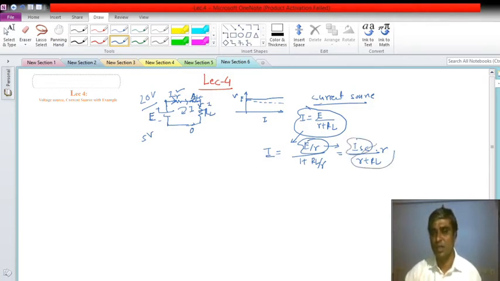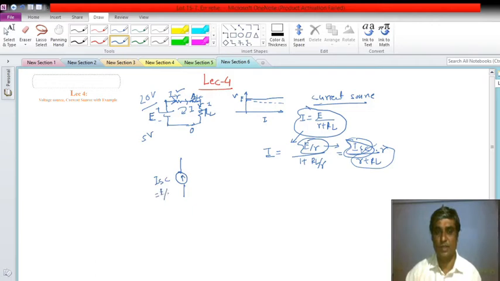So I can interpret that if I draw the circuit, there will be a current ISC, whose value is obtained from the battery parameters, which is inherent, right?